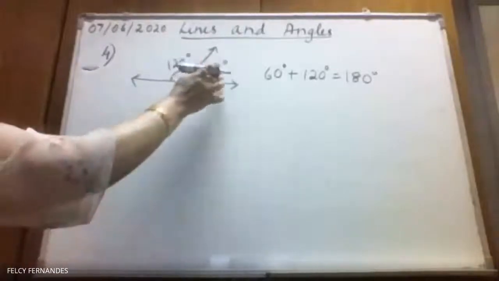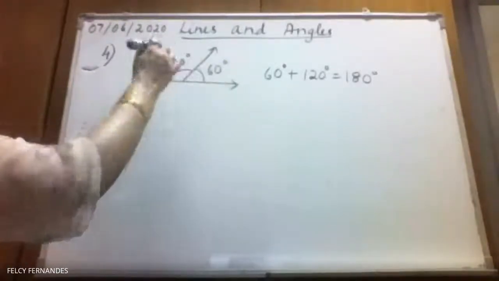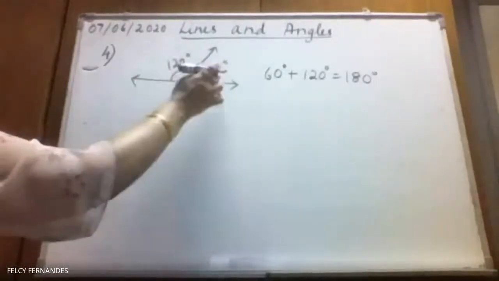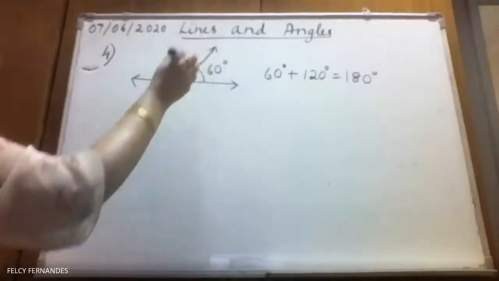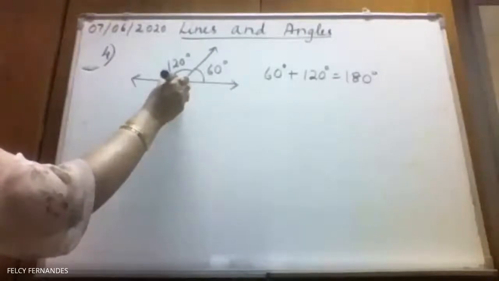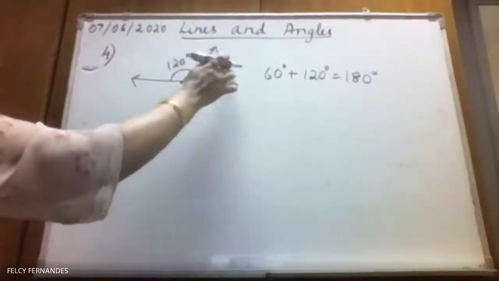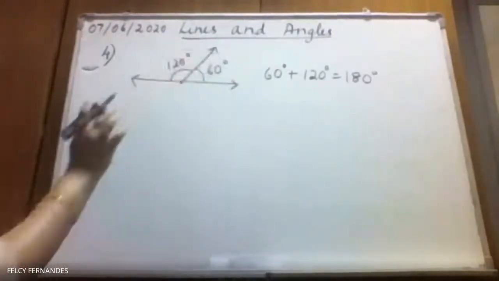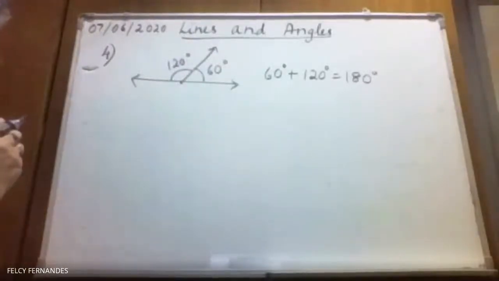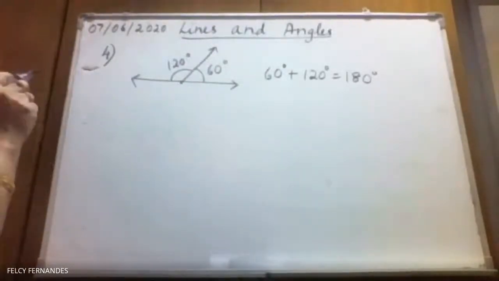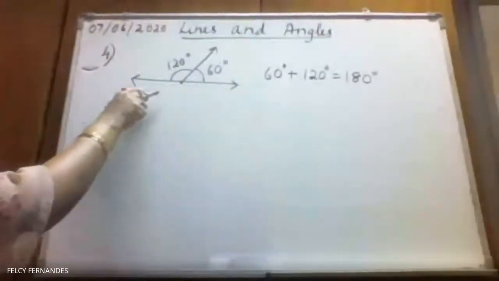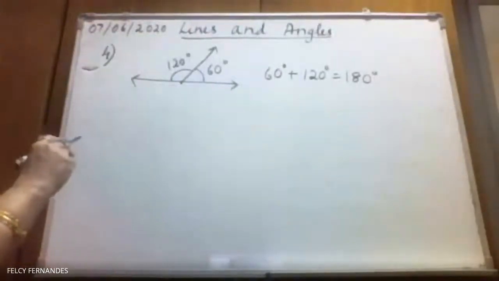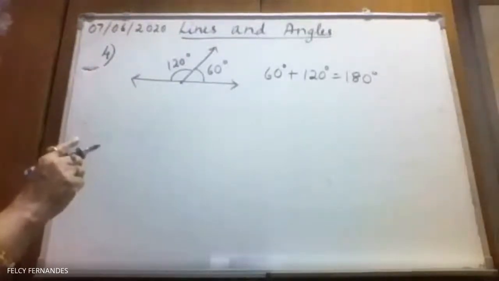These two are adjacent angles, because they have a common ray, a common vertex, and these two do not have the same interiors. But one condition: the non-common rays form opposite rays. When does it become opposite?